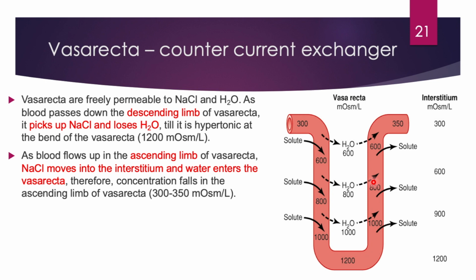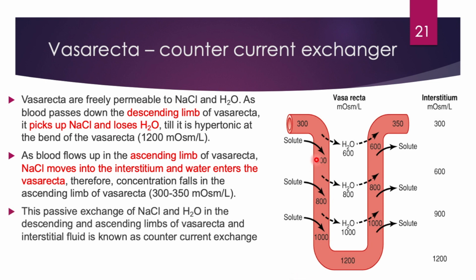So this will cause the concentration in the ascending limb of vasa recta to fall to 300 to 350 milliosmol per liter. This passive exchange of sodium chloride and water in the descending and ascending limb of vasa recta as well as in the interstitium is known as countercurrent exchange.